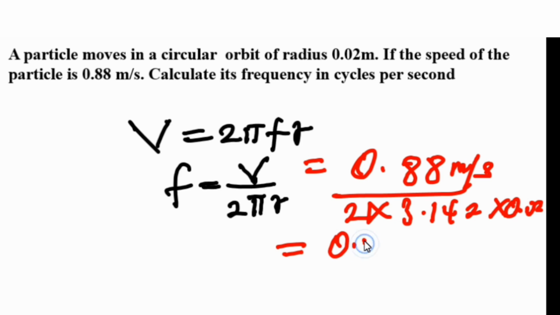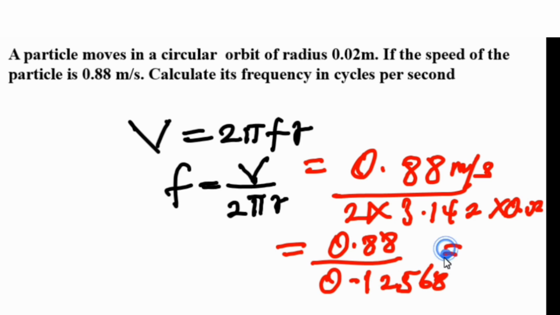If we multiply 2 times 3.142 times 0.02, we have 0.12568.